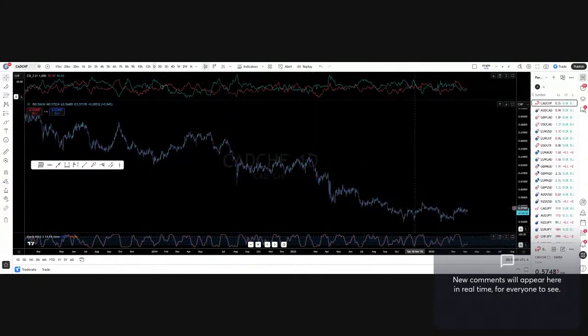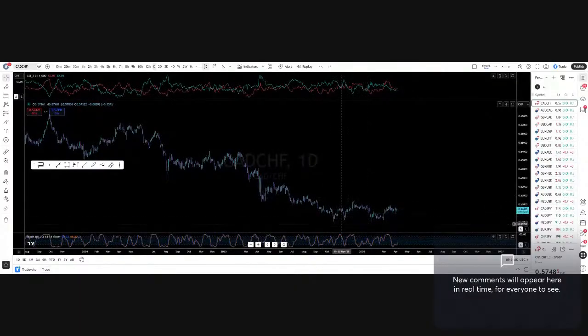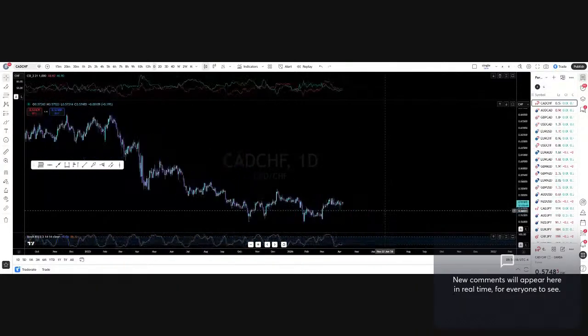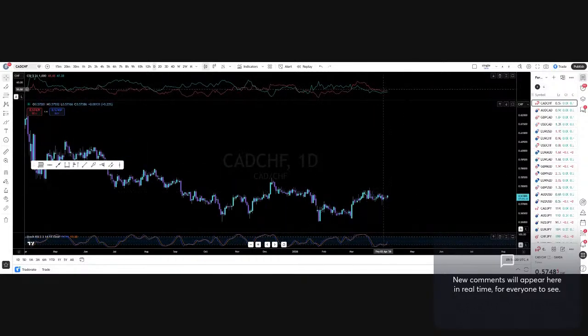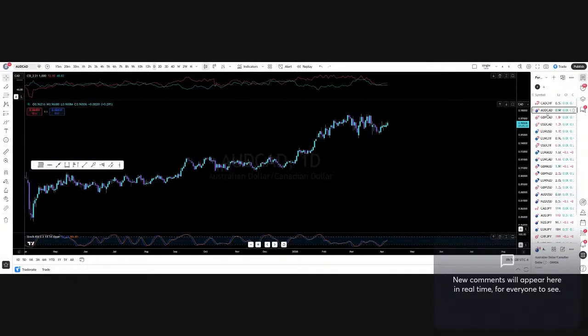It had been going down for quite a while, and then it looks like it's trying to form a base. We had like a quadruple bottom sit right here, and now it's just not doing a heck of a lot, so we'll see what happens. But if this starts to bend and we get divergence away on the two lines here, this could be a nice long, but there's nothing there at the moment.